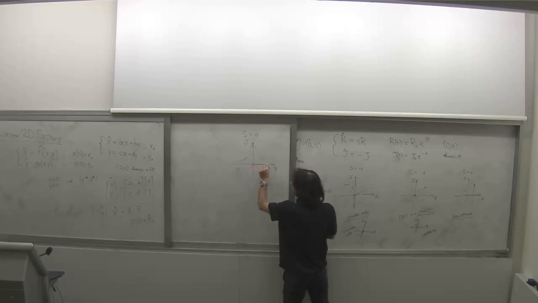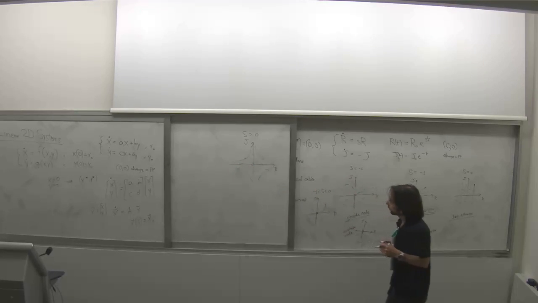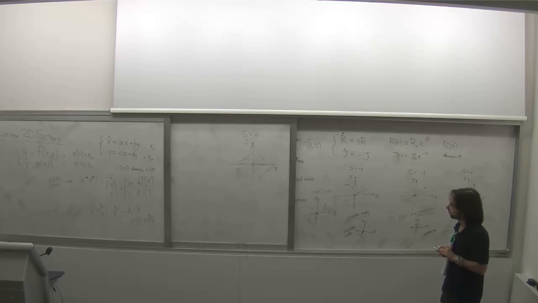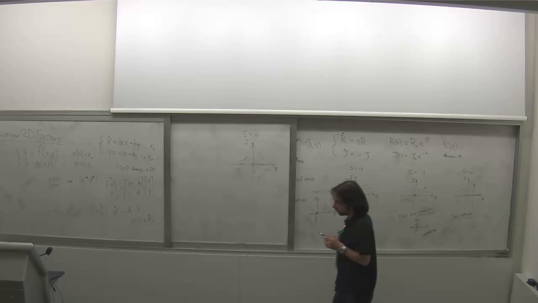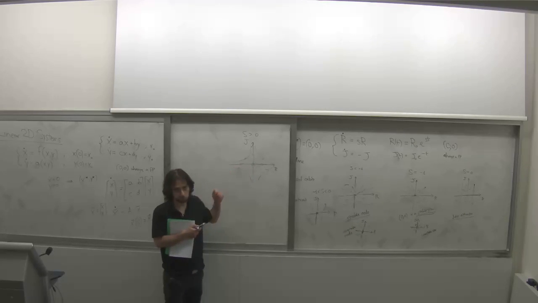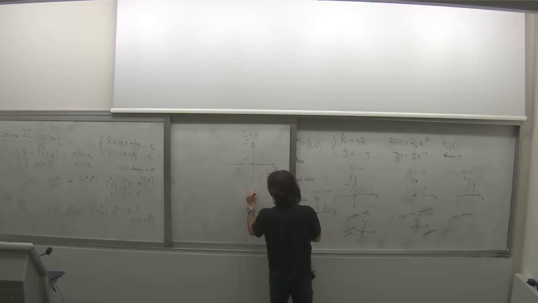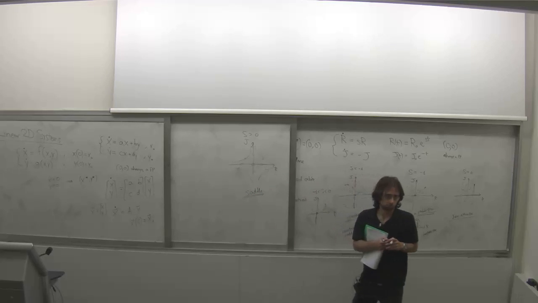On the R-axis, I also have the system running away from the fixed point. So this is, strictly, an unstable fixed point. I mark it with an empty circle. And the term for it is a saddle point. Okay?